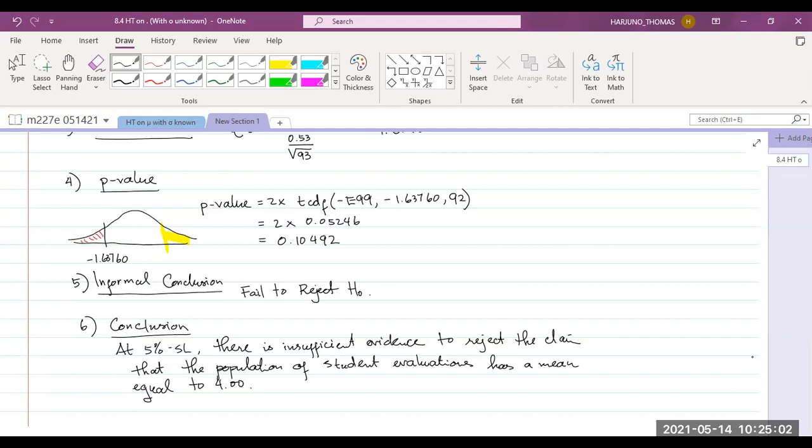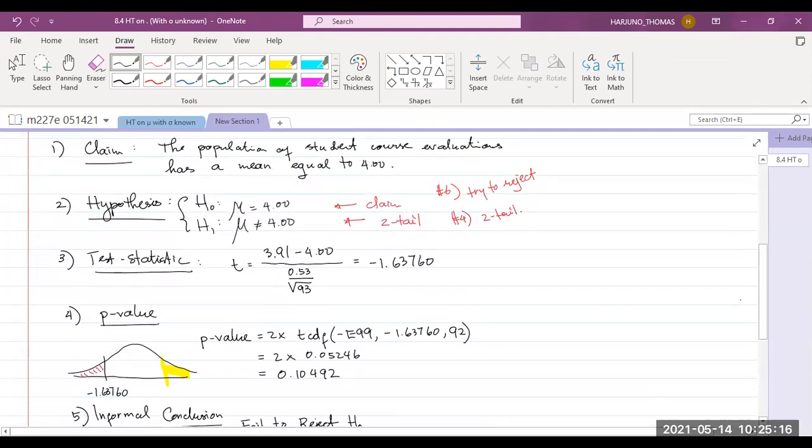Does it mean we have enough evidence to support the claim? Actually, no. The evidence actually shows that it's different from 4.0. It's just not far enough, and to claim otherwise, that the mean is 4.0, is overkill.